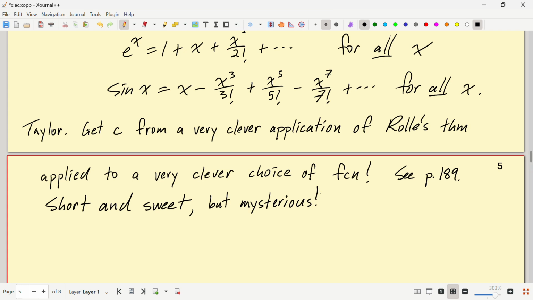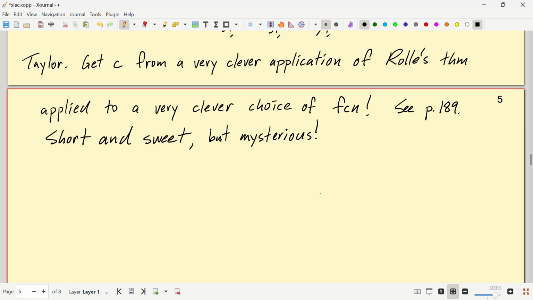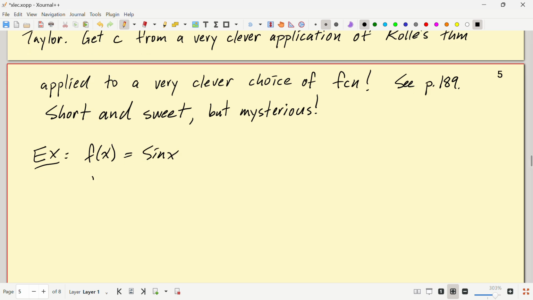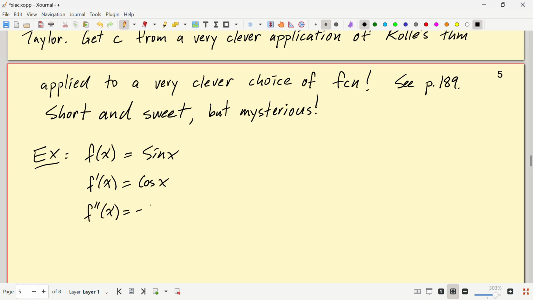Okay, let me show you that power series for sine converges to sine. So let's see. Let's take an example here. f of x equals sine of x. Okay. Then f prime of x is cosine x. f double prime of x is minus sine of x.